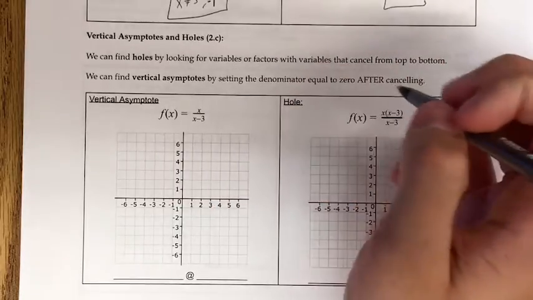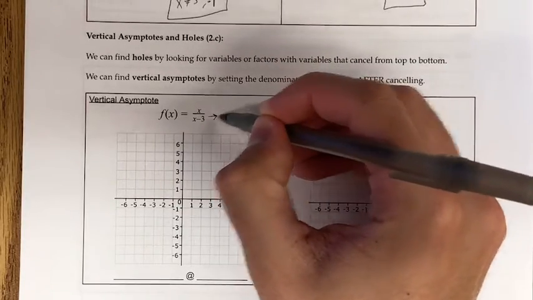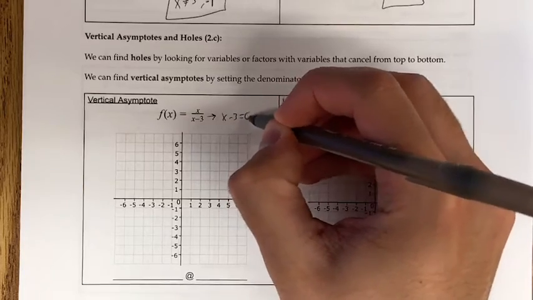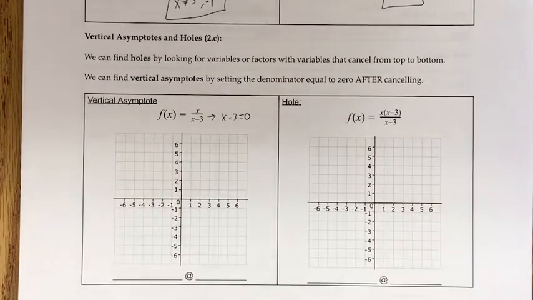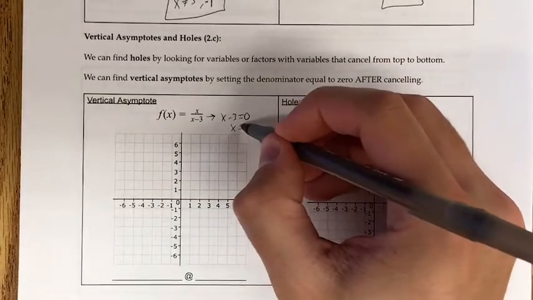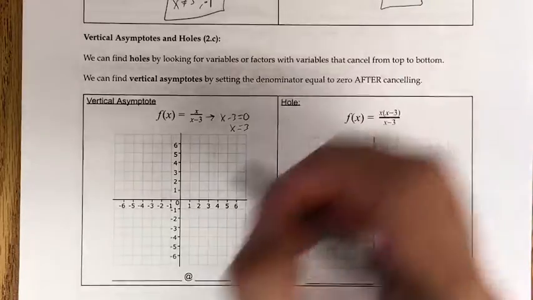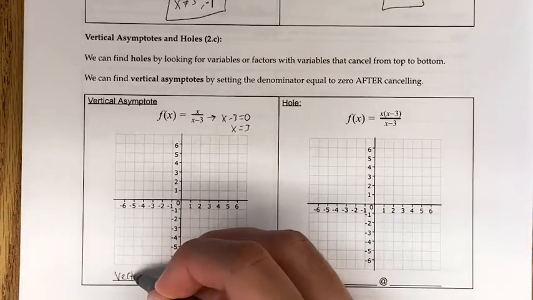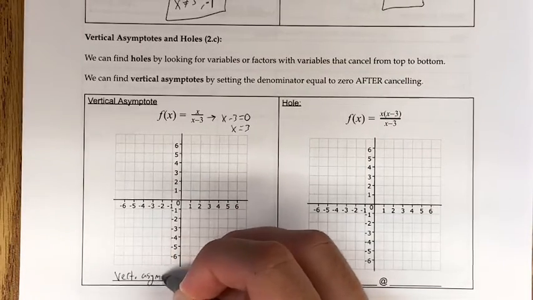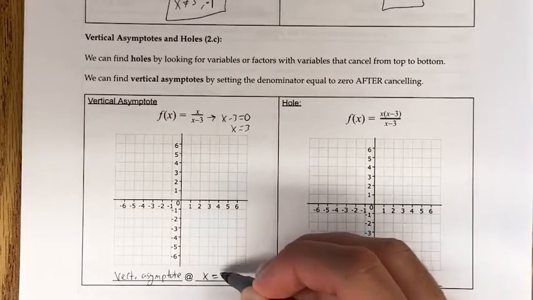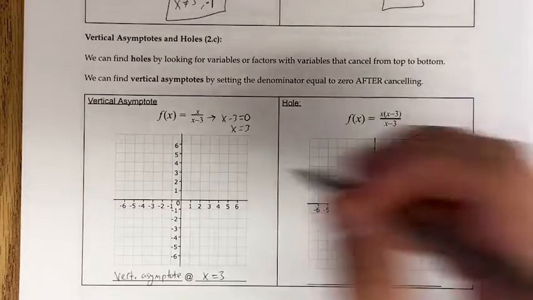To find your vertical asymptotes, just like with finding domain, you set the denominator equal to 0. So we get x equals 3. What that means is there would be a vertical asymptote at x equals 3.